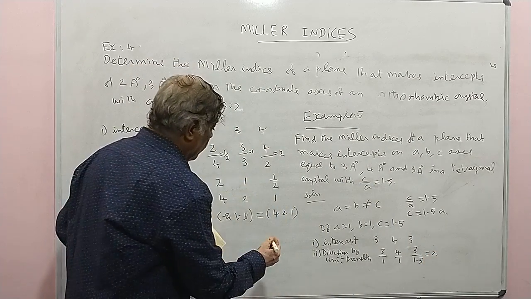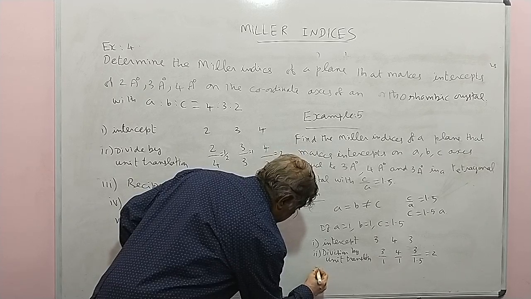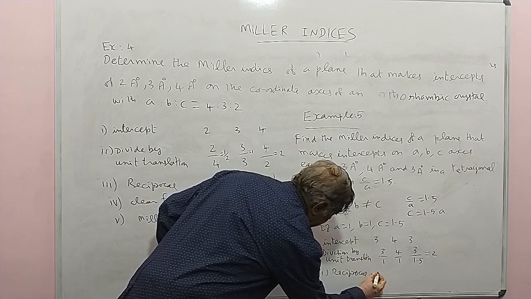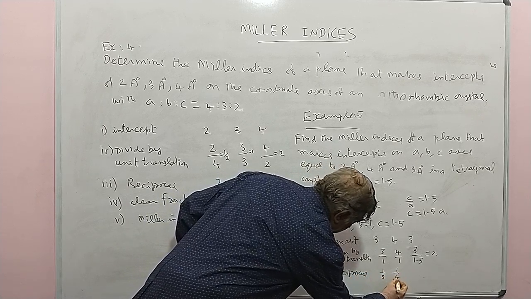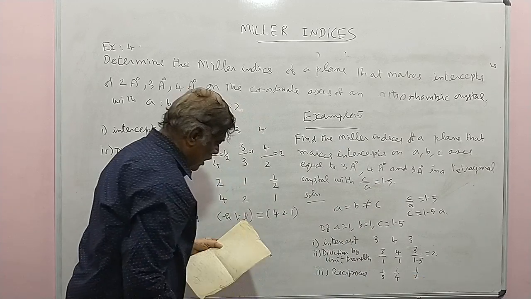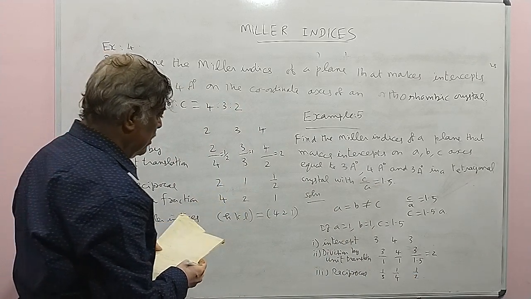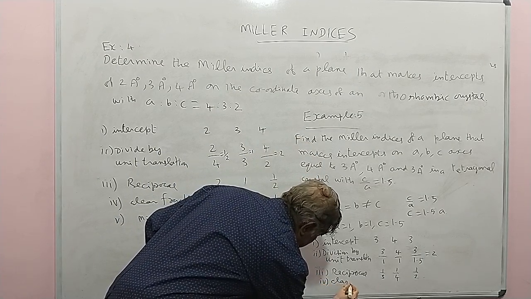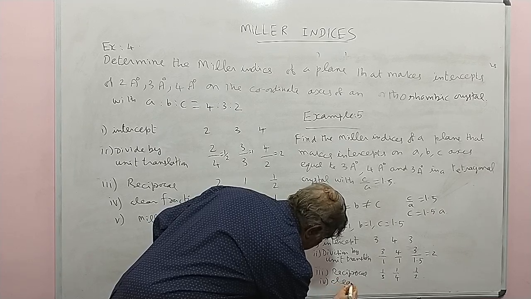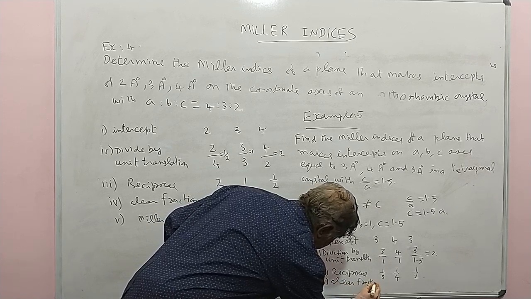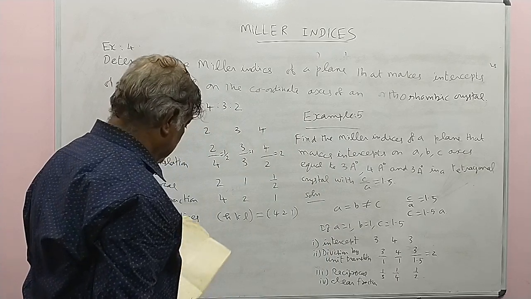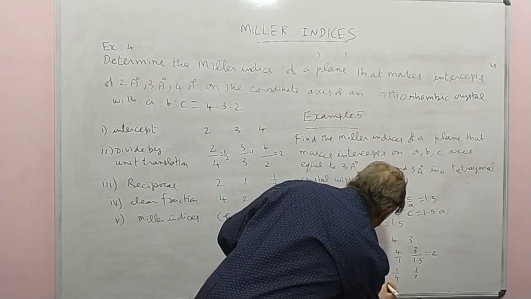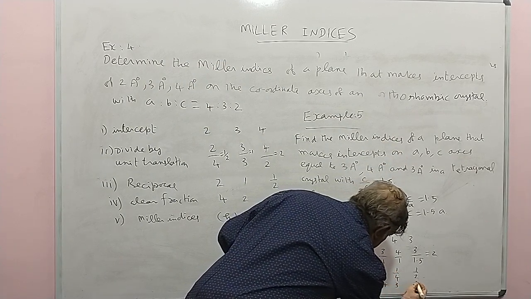Now the next step is find the reciprocal. So the reciprocal is 1 by 3, 1 by 4, 1 by 2, and you find the clear fraction. If you multiply by 12, this will be 4, this is 3 and this becomes 6.